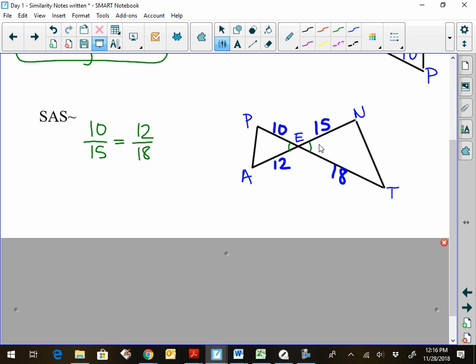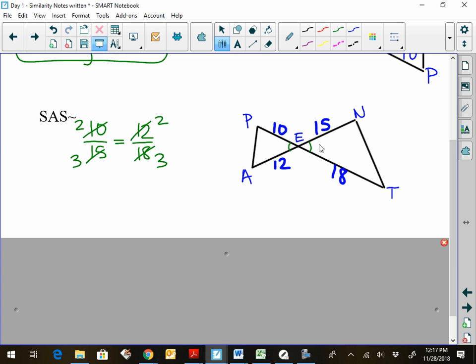So 10 over 15, does that equal 12 over 18? So let's reduce. 10 and 15 are both divisible by 5, so I get 2 over 3. 12 and 18 are both divisible by 6, so I get 2 over 3.